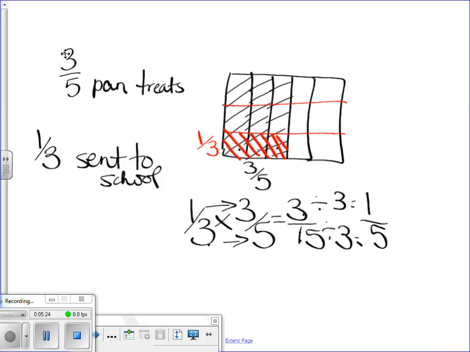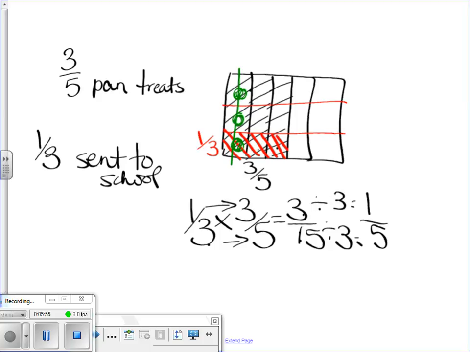It doesn't look like 1/5 because it's going that way, but 1/5 of the total number of squares is actually colored in. I can see it. If I took this green line and turned it this way, it'll be 1. So then it's 1/5.